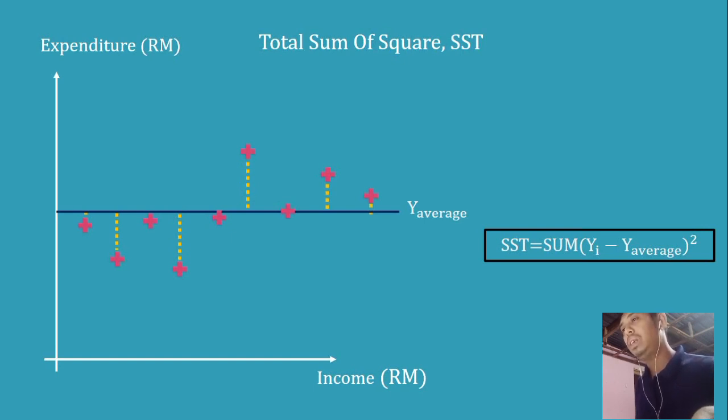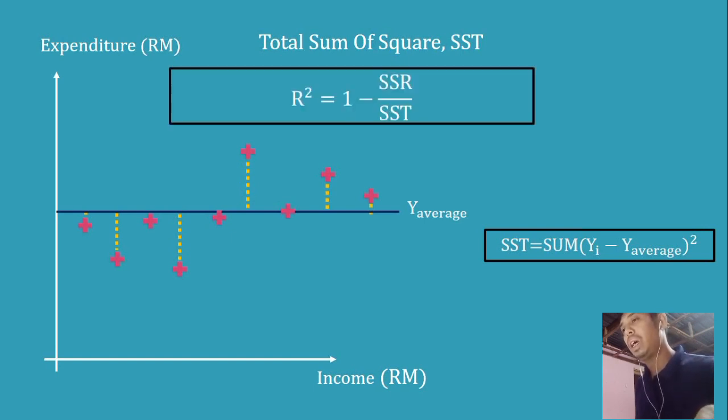Then we get these two values, the residual sum of squares and the total sum of squares. We put them into the formula of R square in order to measure how well our model fits the actual dependent variable.